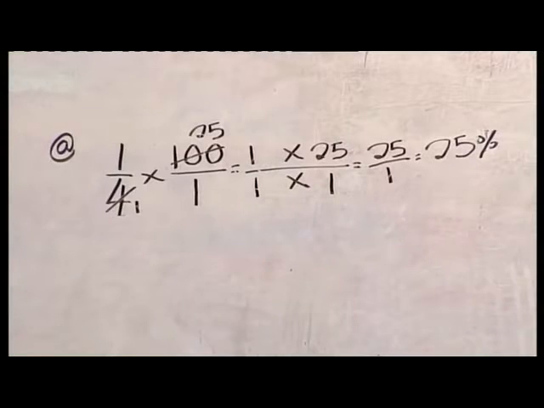For those students who are still confused, I'd like you to see the working out and you may do your own corrections. So the answer to 1/4 as a percentage is 25%. Don't forget the percentage symbol must always be written after the final answer that you come up with, because we are dealing with percentage.